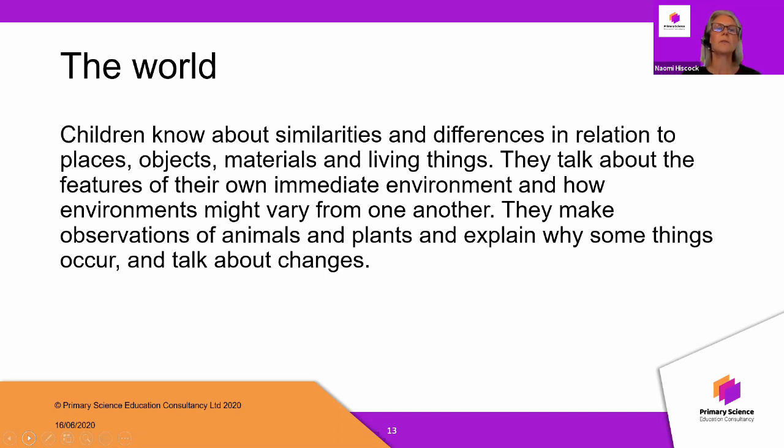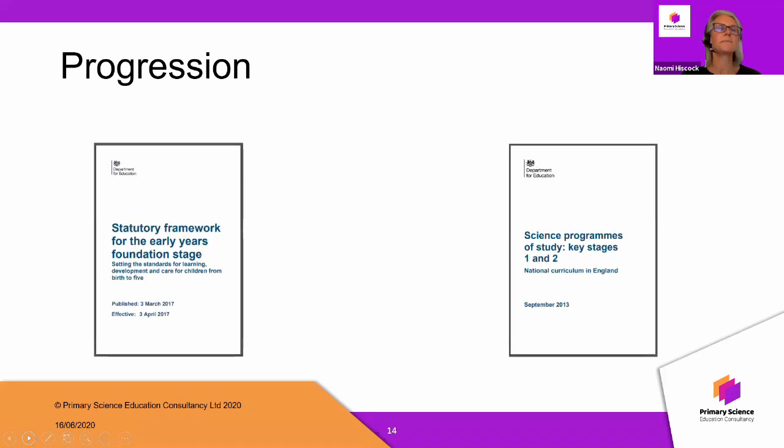We've got materials, we've got plants, we've got animals, and we've got observations about how objects move in relation to each other, similarities and differences and that sort of thing. So you can see where the Key Stage 1 curriculum emerges.